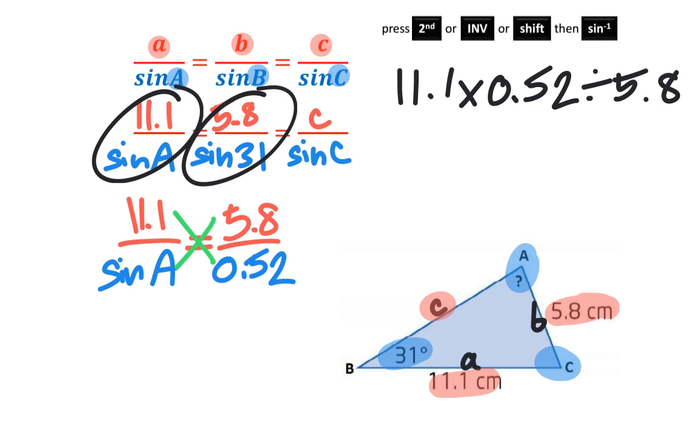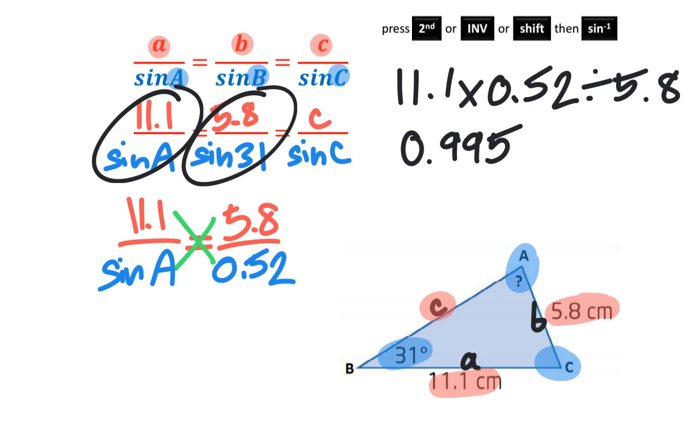When you do that calculation, you get a really strange answer. You get an answer of 0.995. Now, there's no way this angle over here is 0.995 degrees, which means we're going to have to use this button on our calculator. Depending on the type of calculator you have, you're either going to have to press the second button, the inverse button, or the shift button before getting this button.